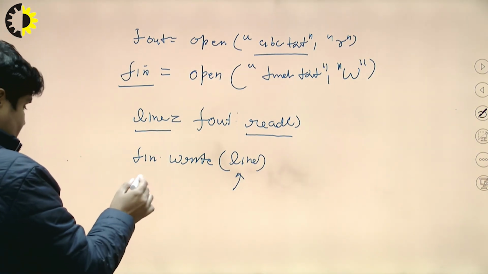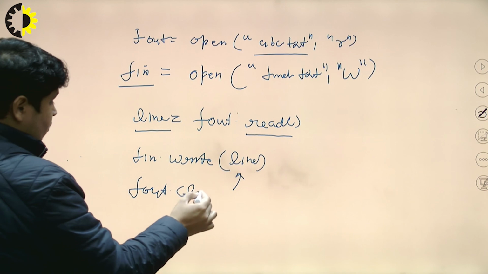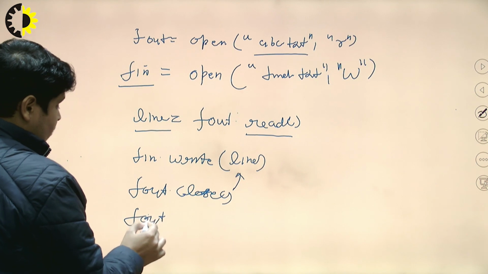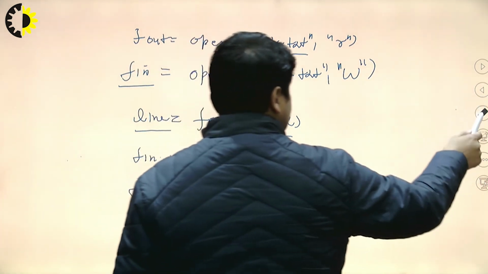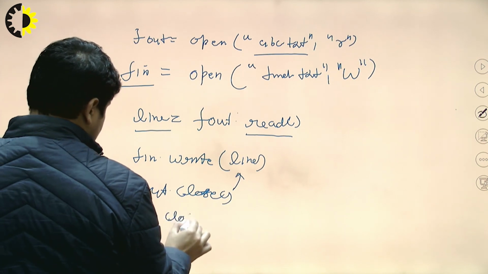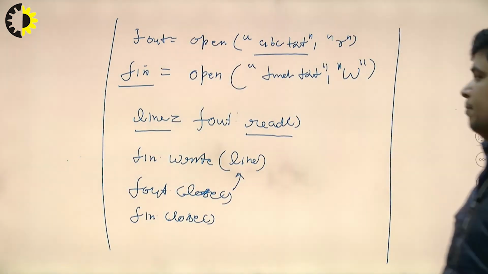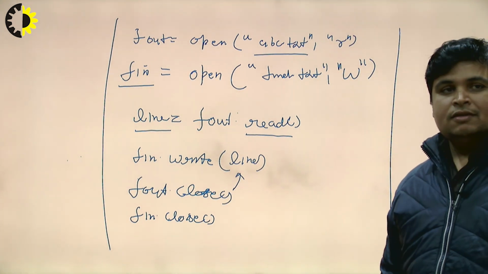Now I am going to close the first file, fout.close, and the second one, fin.close. This is just 4 to 6 lines of code in Python to read the content of one file and paste it inside another file. So this is the complete code.